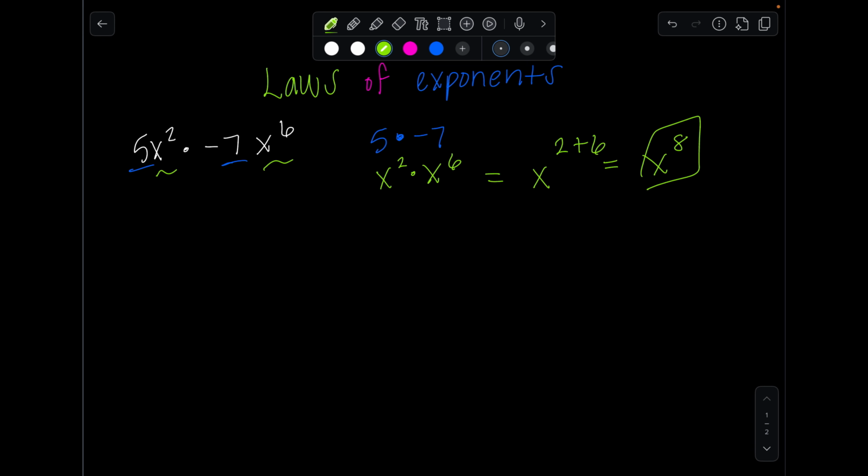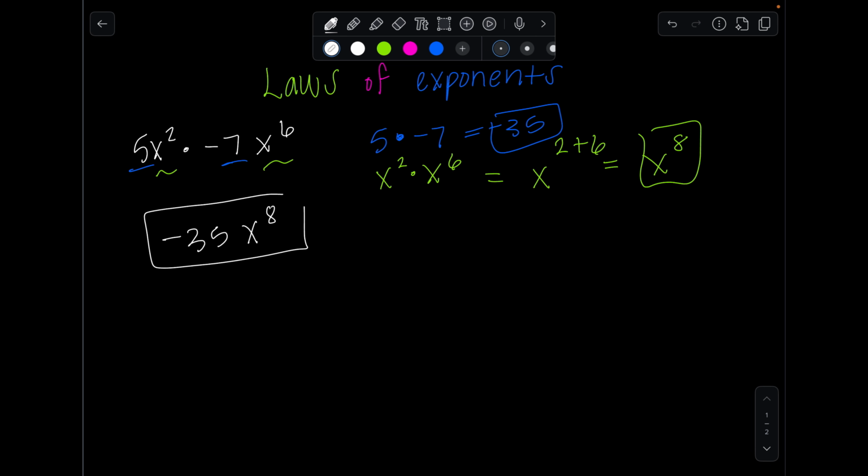So your final answer is negative 35 times x to the 8th power. And you circle your answer. You don't have to show all this work, but that's the work that should be done in your head or somewhere on the slide in some form.